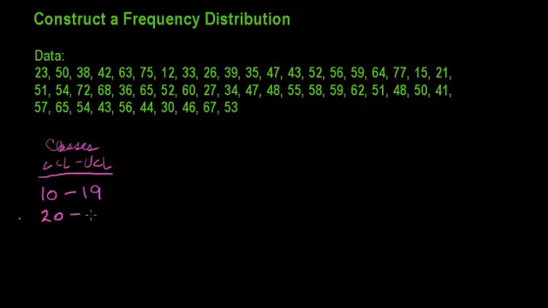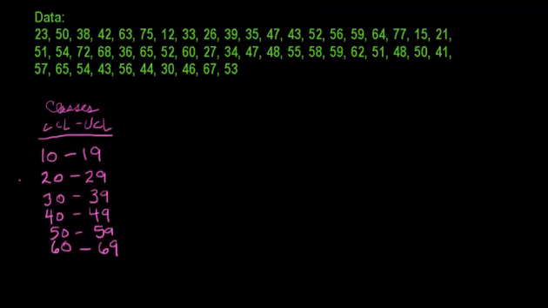The width is 10. So it would go to 29. And we can see the pattern falling out here. 10 to 19, 20 to 29, 30 to 39, 40 to 49, 50 to 59, 60 to 69, and up a little bit, 70 to 79. And since our maximum value is 77, now we can sort all our data into these classes.